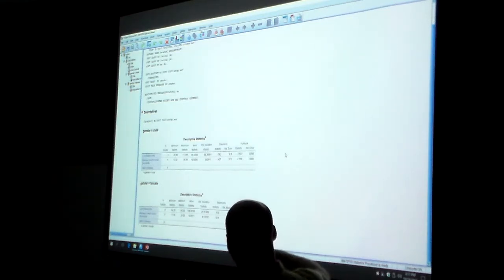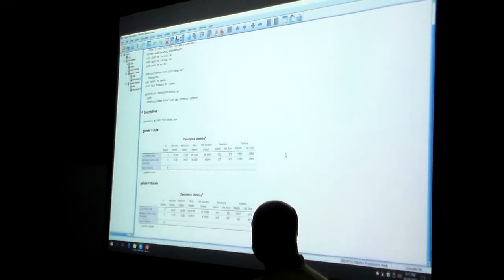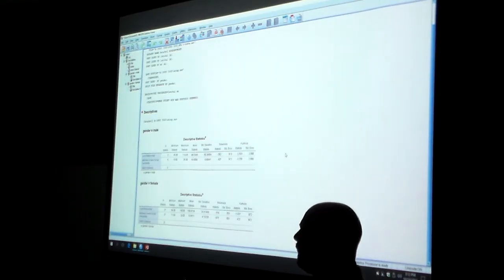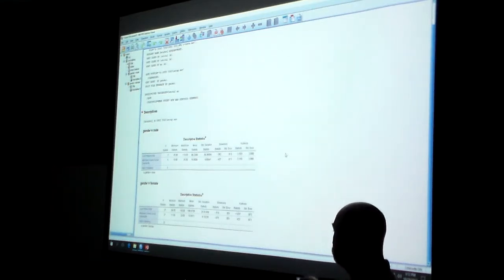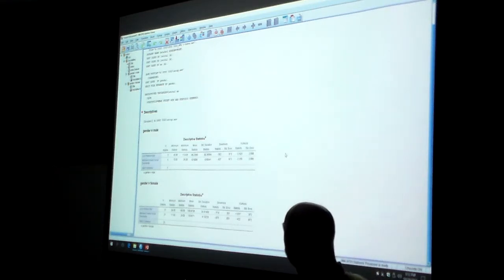Means, standard deviations, skew and kurtosis, things are looking better here. No real concerns. Some negative kurtosis here, but probably what might be contributing to lower skew and kurtosis values, or at least lower kurtosis values, among my women than my men is the sample size.